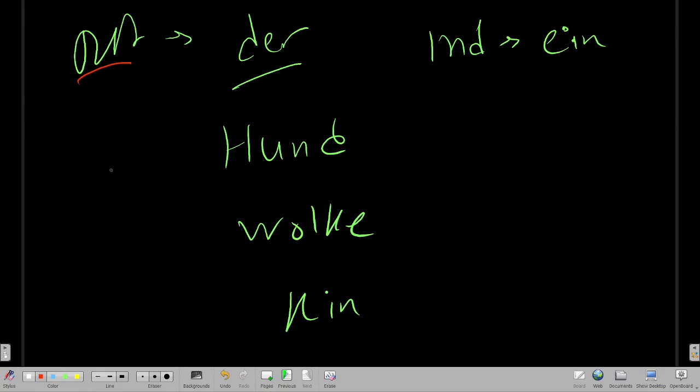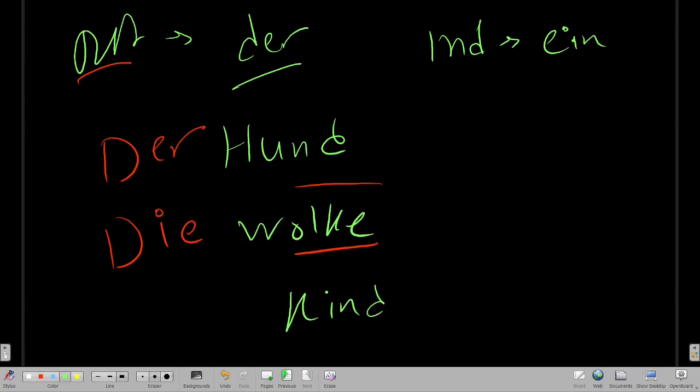So with Hund, it would take "der." How about Wolke? With Wolke, it would take "die." We don't know anything about endings, the endings for the gender. There are some general rules, but we ain't gonna count on that. What we care about are the determiners, and here is our first thing to learn: articles.